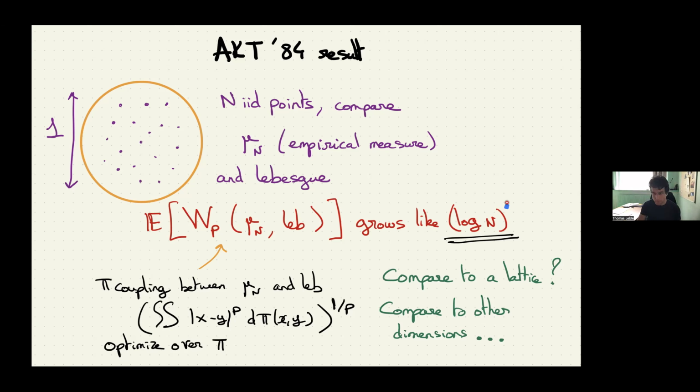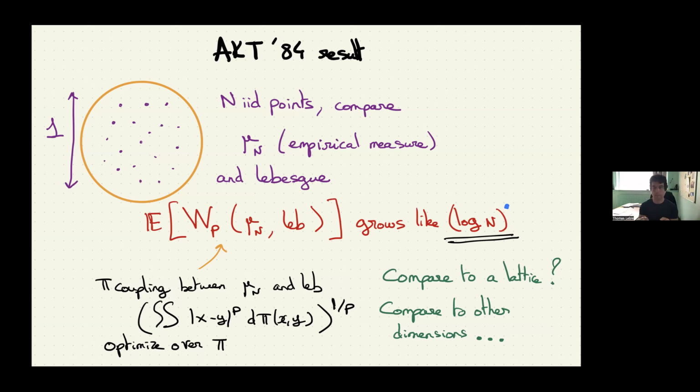It's log n to some power, which lattice points do not have. So typically for this question, you see the difference between IID points and lattice points.